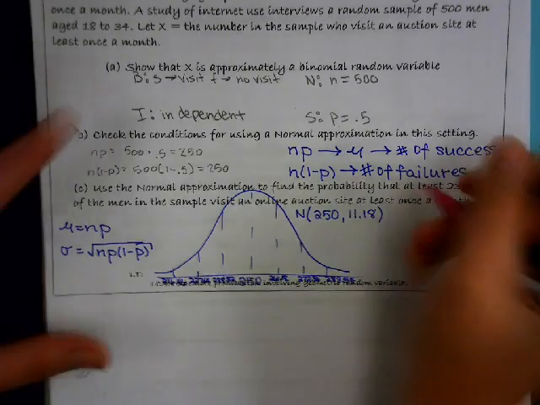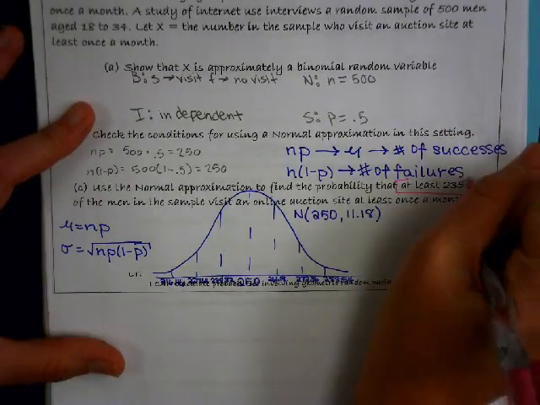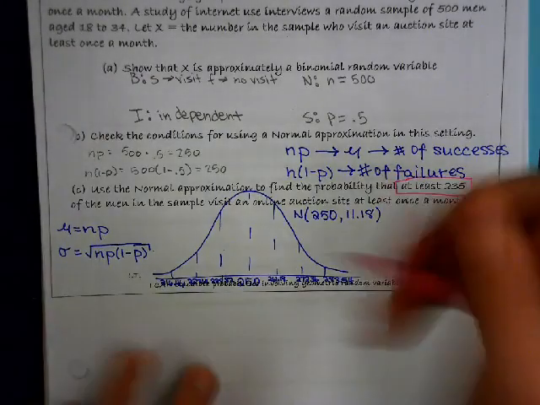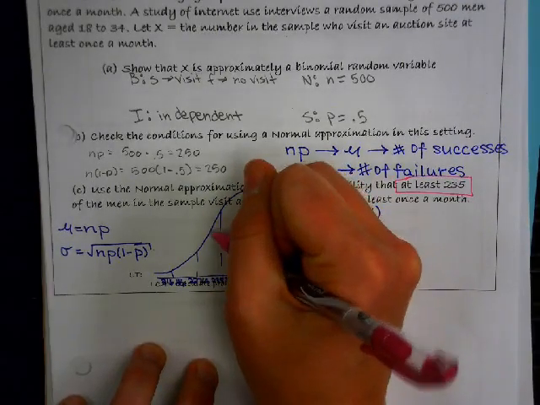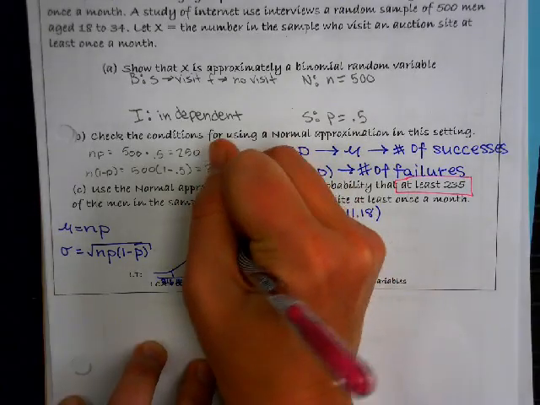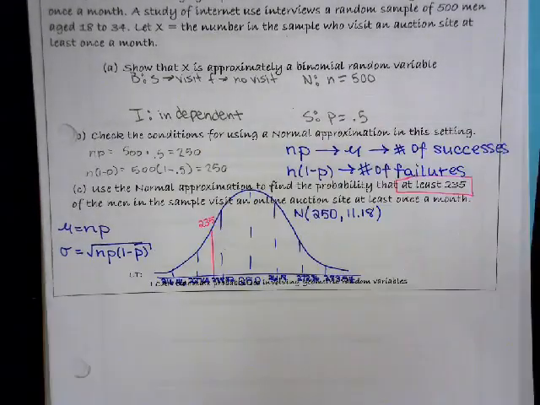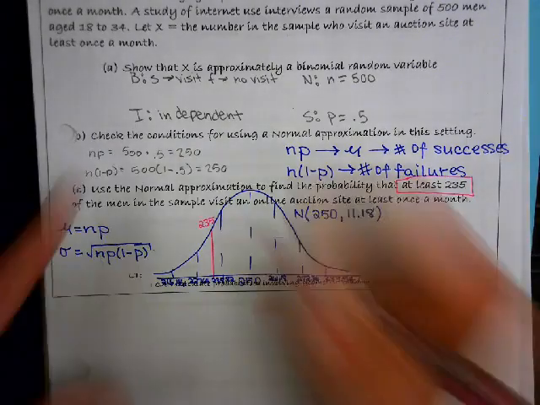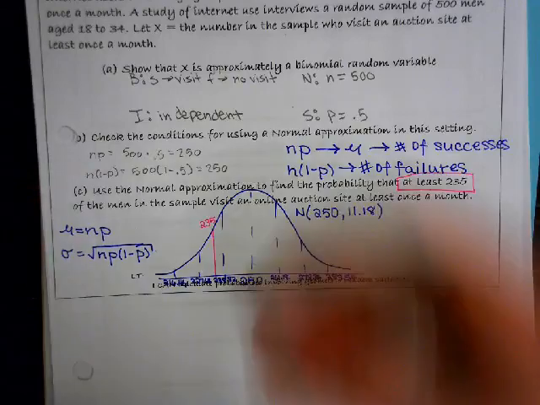Thank you. We're interested in at least 235. So that's going to be here-ish. 235. Is it at least, greater than, or less than? Greater than. Great. Thank you, Nashley.